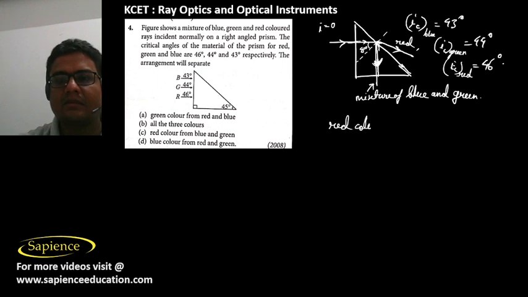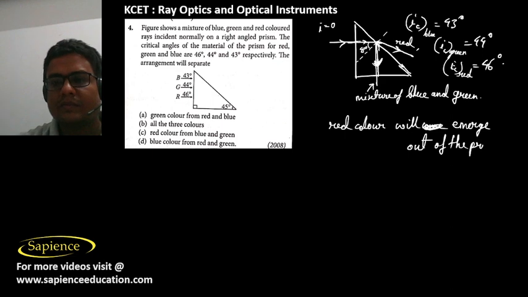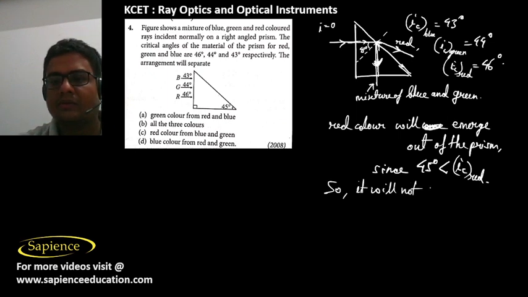The red color will come out. It will emerge out of the prism, since this 45 degree is less than the critical angle for red. So it will not suffer total internal reflection.